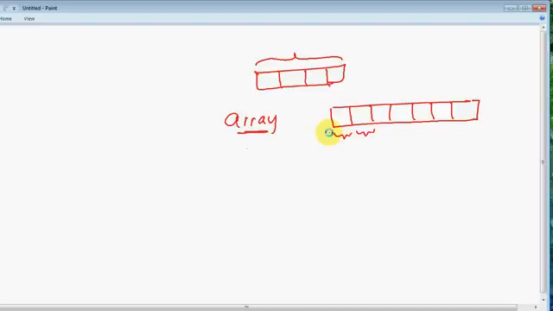So here we are talking about the representation. Essentially, what an array is doing is trying to implement a list of something, the ADT list. So an array is definitely a data structure.